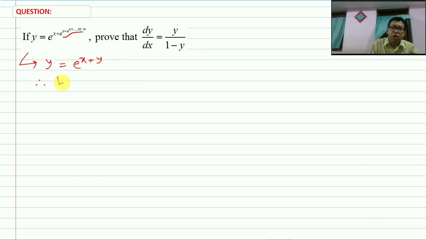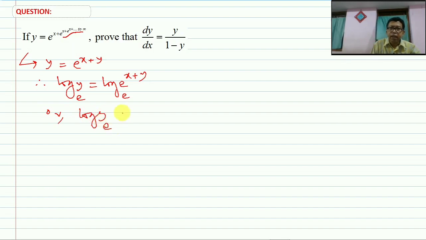Now take log to both sides. So log of y is equal to, obviously the base is e, e to the power x plus y. So log of y base e is equal to x plus y into log of e base e. You know, log e base e is equal to 1.